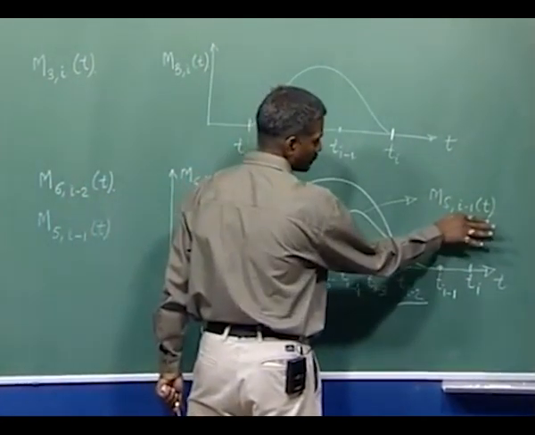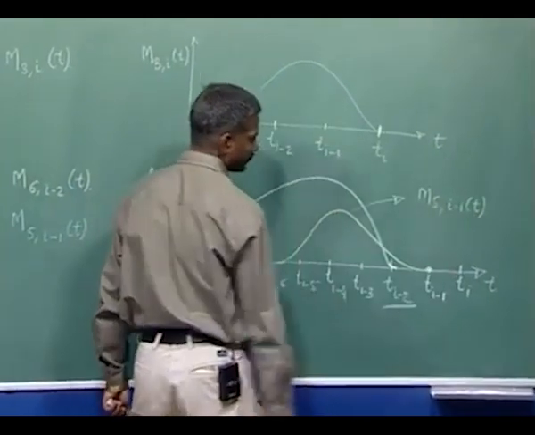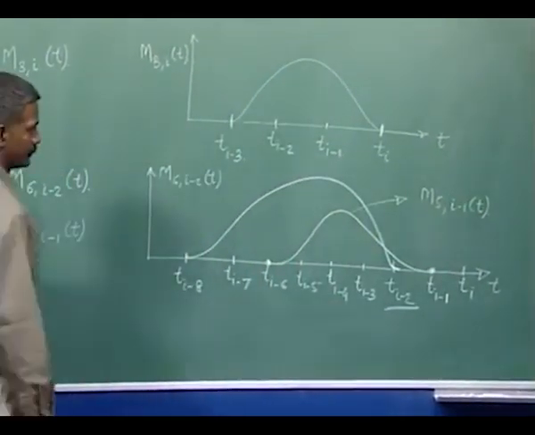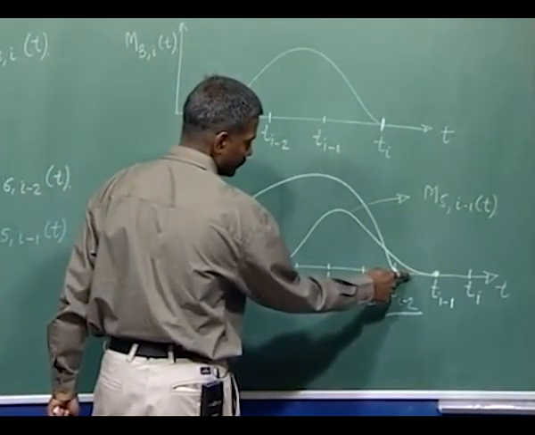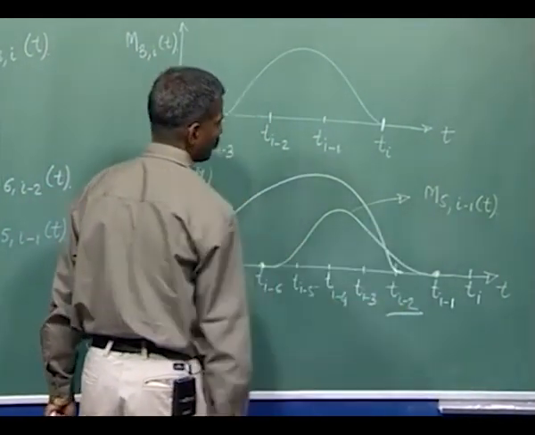Over how many knot spans will this function stand? 1, 2, 3, 4, and 5. The order of the B-spline basis function.